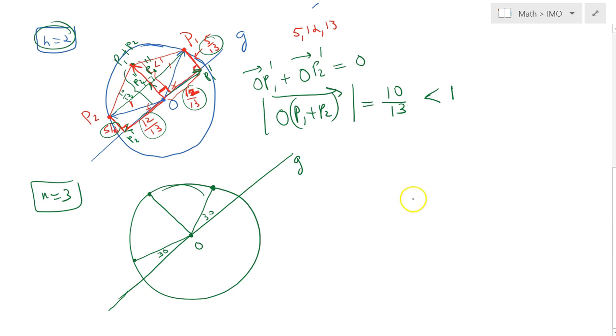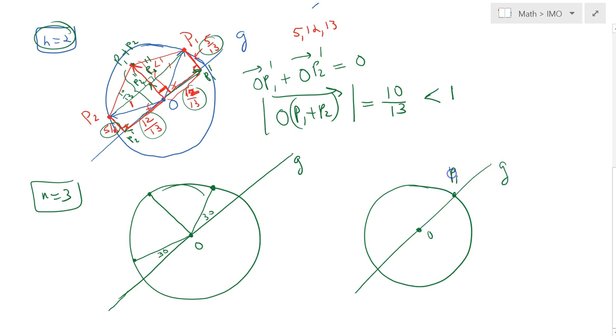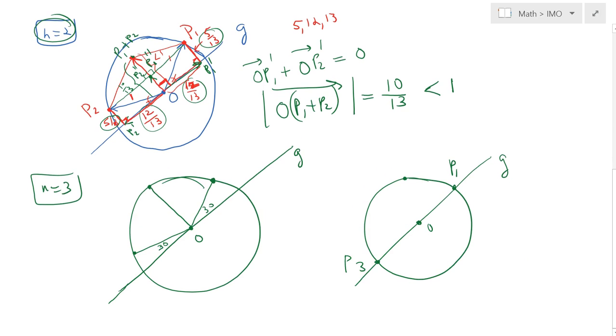One extreme thing you can do would be this. That's the point O, this is the line G. If you put one of the points P1 here and you place P3 here, and P2 is anywhere here, it's not important. The best thing you can do is have OP1 plus OP3 add up to 0, but still the remaining vector OP2 will have a length equal to 1.